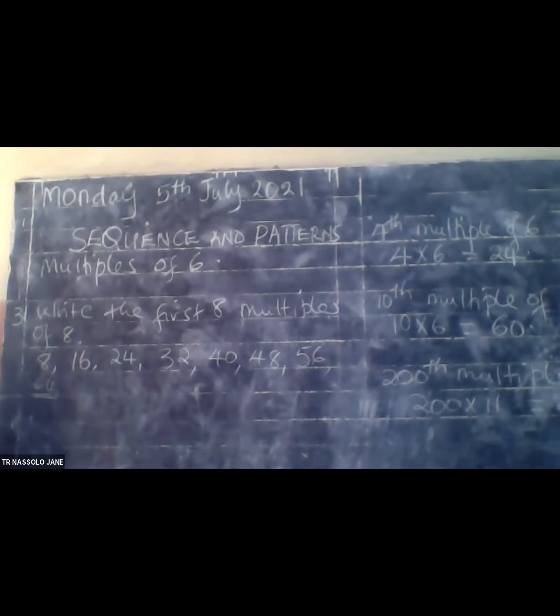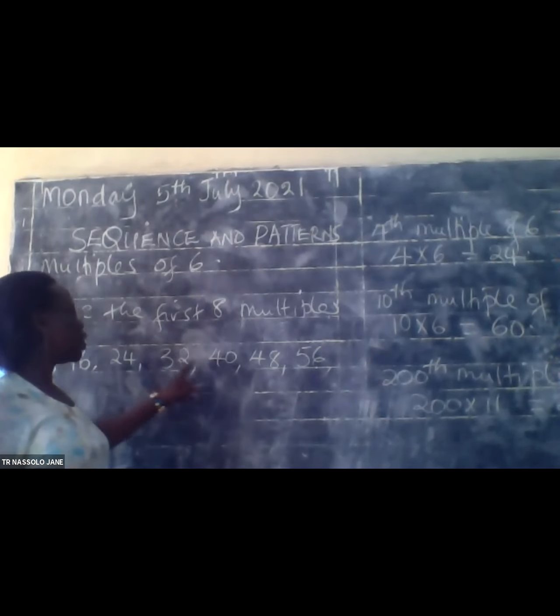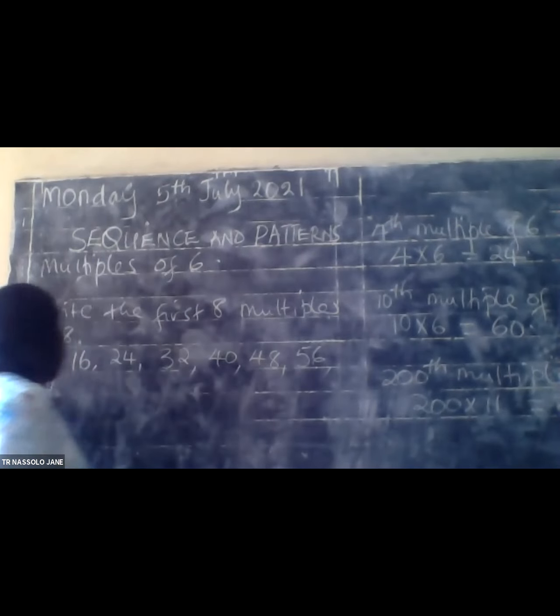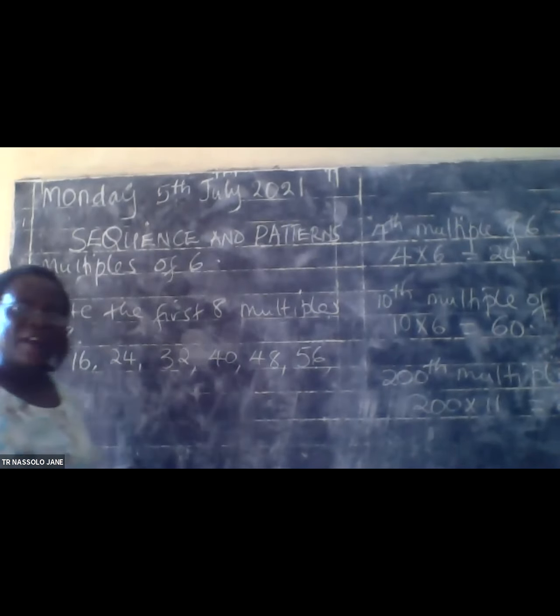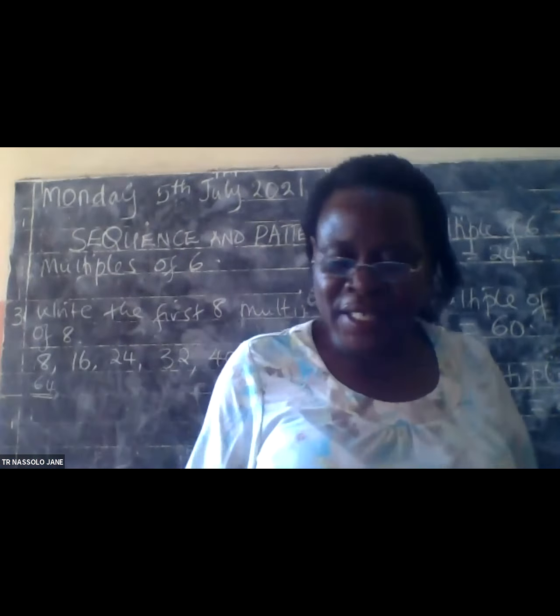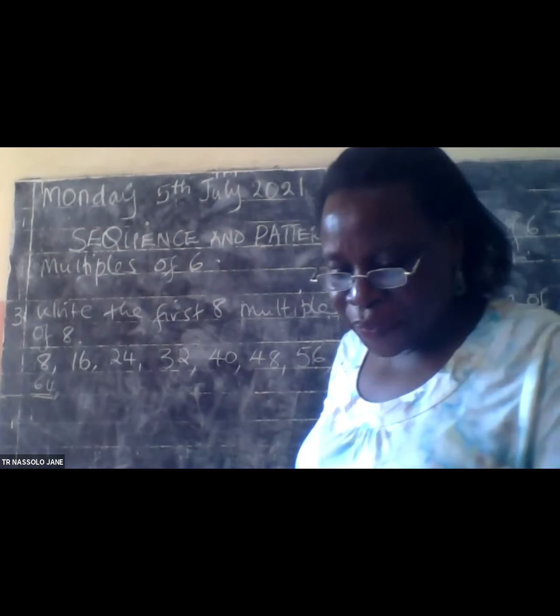We wanted how many? 8. How many do we have so far? 1, 2, 3, 4, 5, 6, 7, and 8. So the first 8 multiples of 8 are those ones listed there.